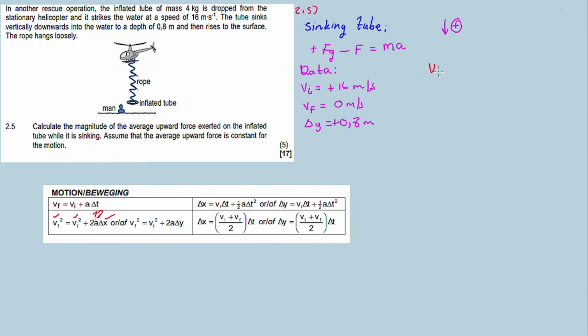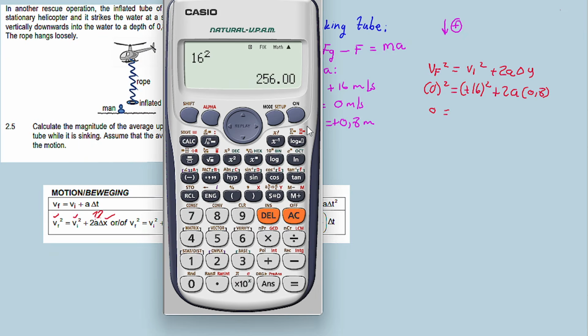So substitute: 16 squared plus 2 times acceleration unknown times delta y, which is 0.8. So it's 0 here. What is 16 squared? 16 squared is 256. Plus 2 times 0.8 is 1.6, so it's 1.6a.